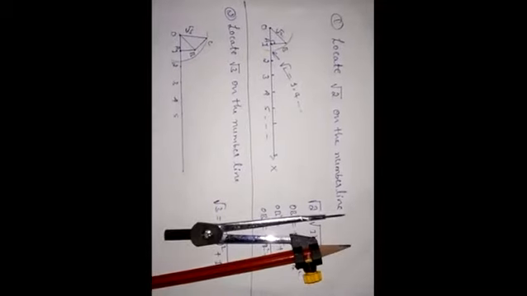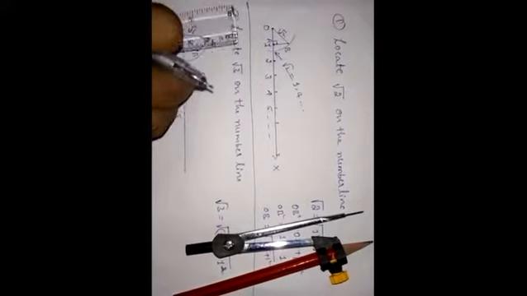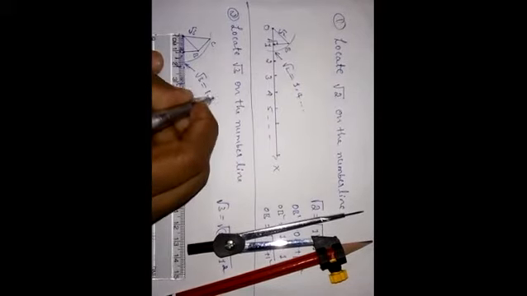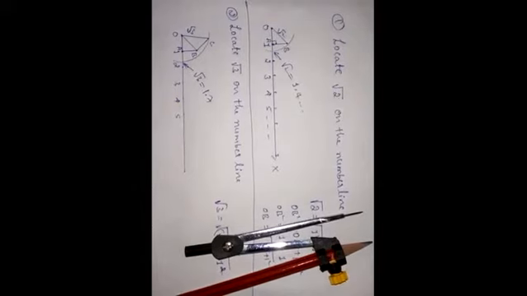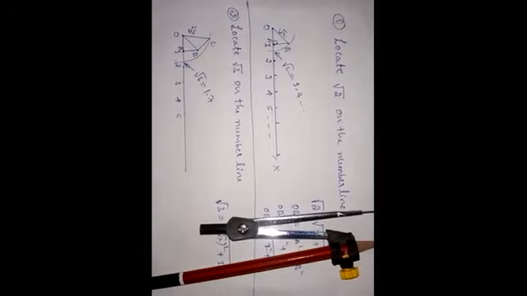Okay, it gives the value of root 3. Let me measure the value of root 3. It is about 1.7. Okay, these are the approximate values, not the perfect values. Their digits are continuous, but here on the number line we cannot represent them. So this is about the root 3, and let me locate one more.